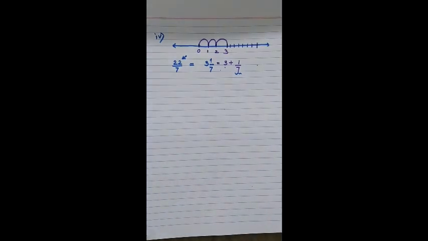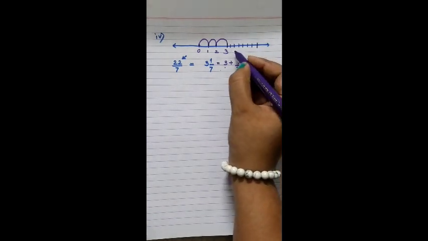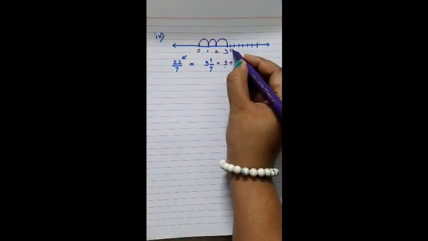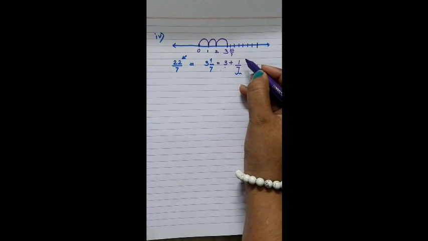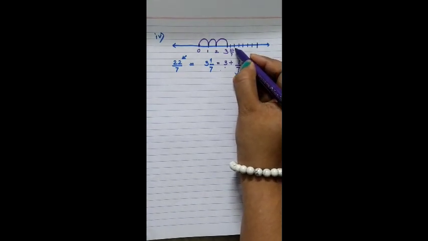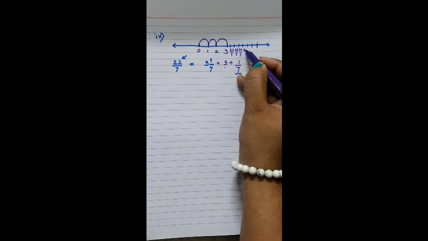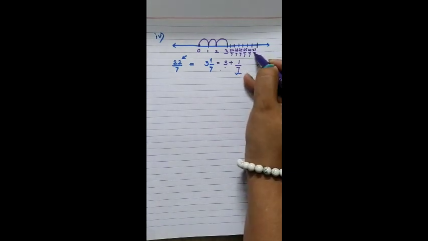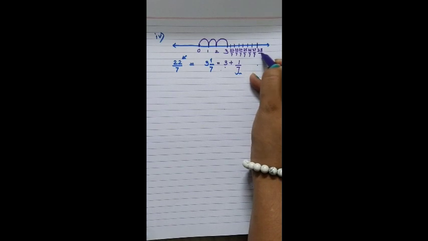Yes children. So now the first part is your 22 upon 7. Then second part is 23 upon 7, then 24 upon 7, 25 upon 7, 26 upon 7, 27 upon 7 and 28 upon 7, children.